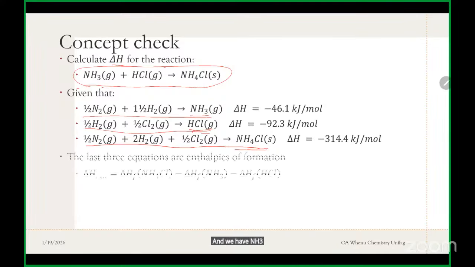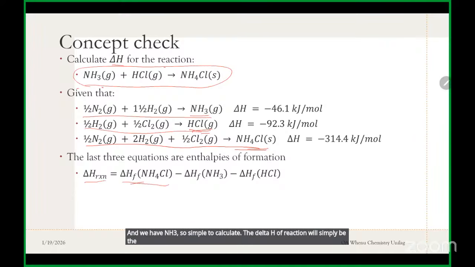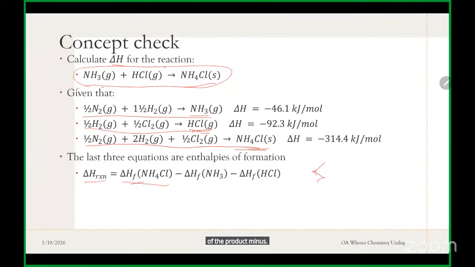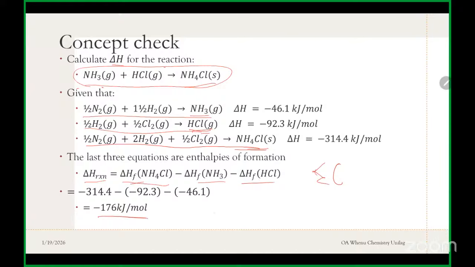So simple to calculate. The delta H of reaction will simply be the delta H of formation of the product minus the sum of delta H of formation of the reactants. So slot in the values and you get what you're looking for.